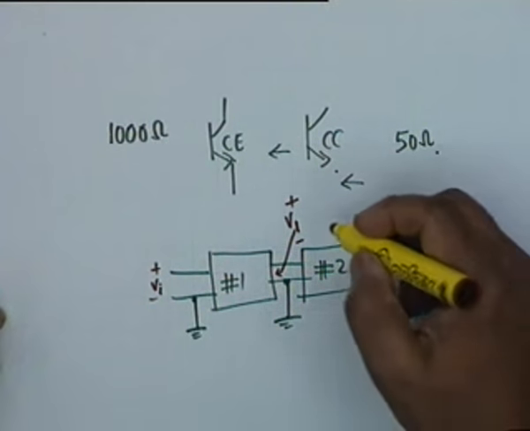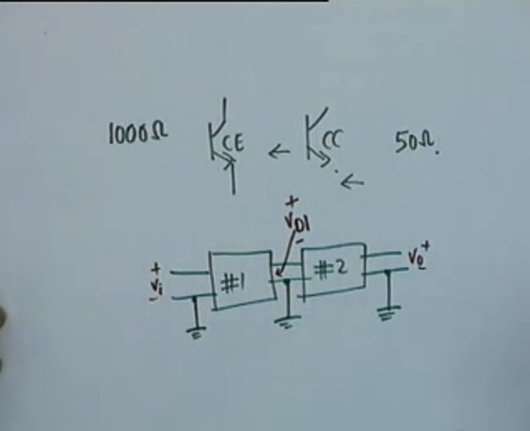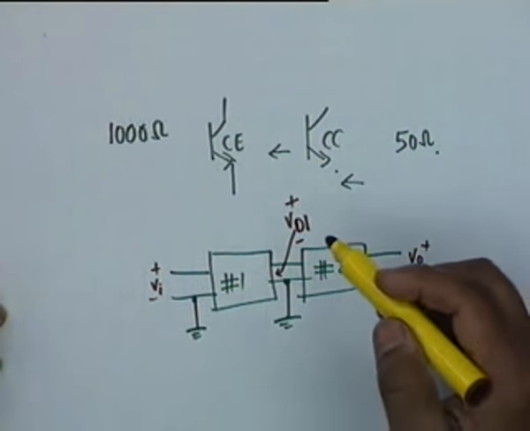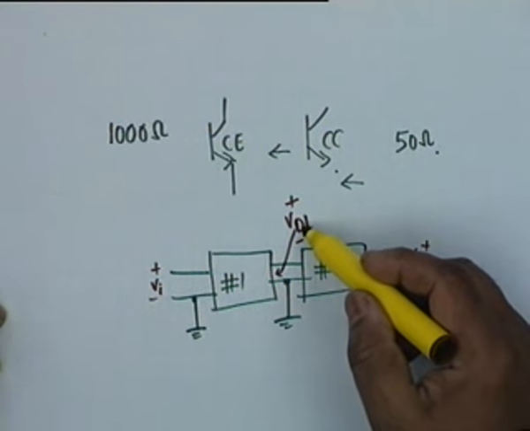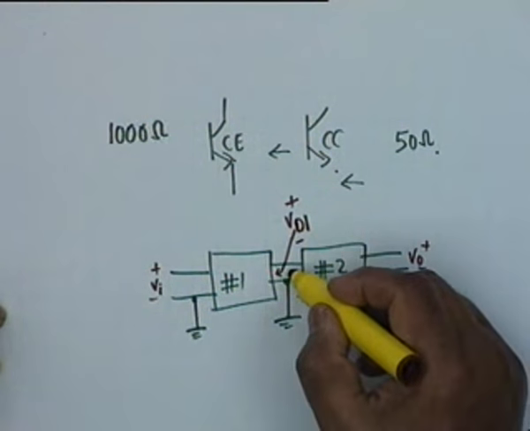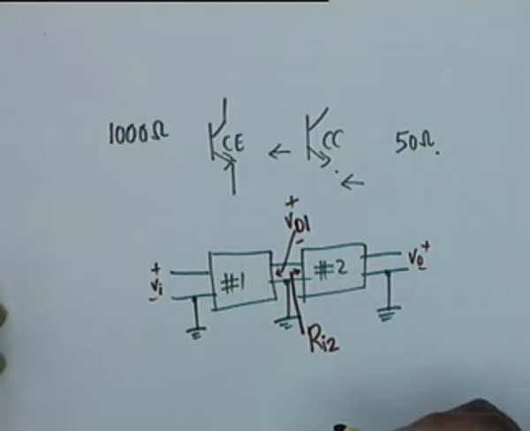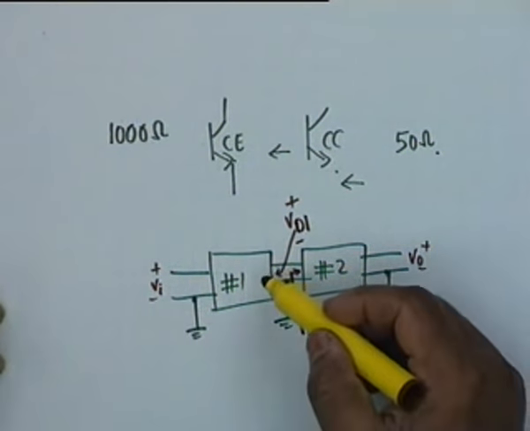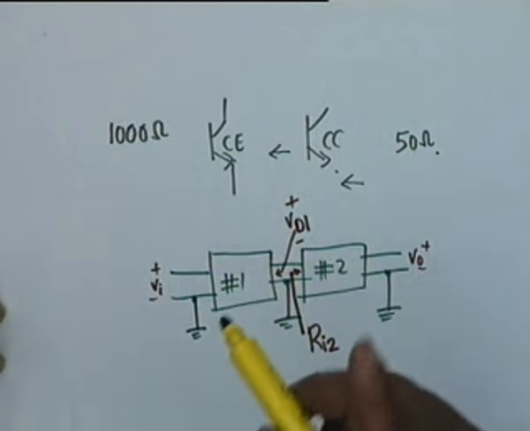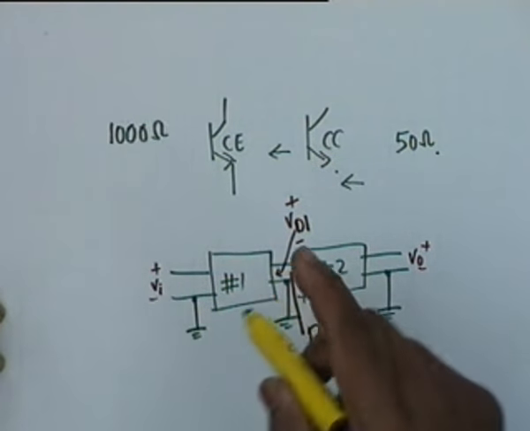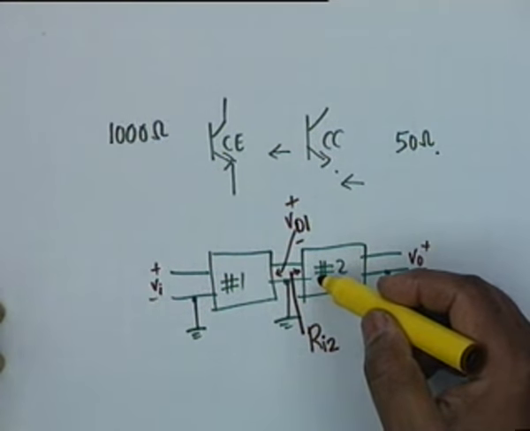Let's call this voltage V01, alright, output voltage of 1. Then so long as V01 is calculated by taking the input resistance of stage 2 into account, the effective load of stage 1 would be its own load paralleled by the input resistance of stage 2.